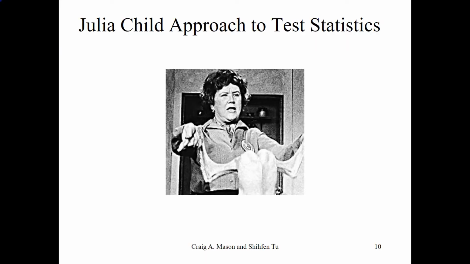So, where does Julia come in? The Julia Child approach says to think of these descriptive statistics, the mean, the variability, the sample size, as ingredients in a recipe. If we're making a cake, you may have eggs and milk and flour. Each is useful on its own, but limited.